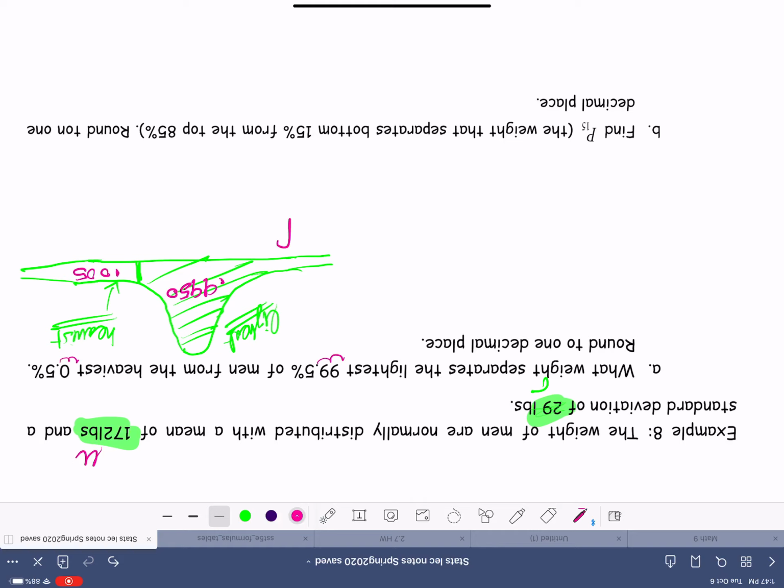Okay, so we want to find out the z-score. So first of all, I want to find the z-score that has 0.9950 area to its left. So that is the area 0.9950. We're going to look for it in the body of the table, not on the first column and the top row.